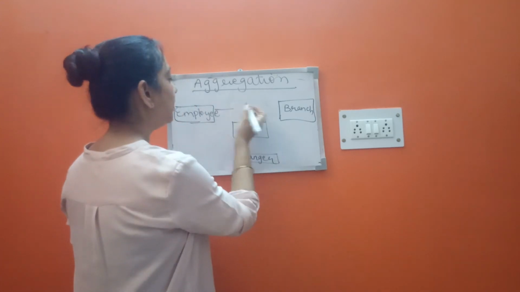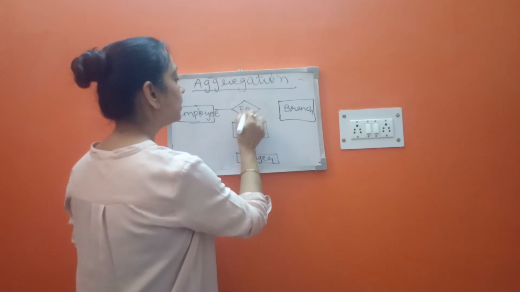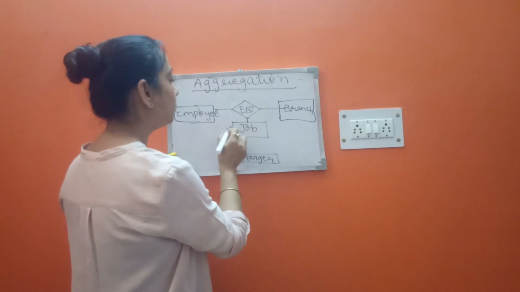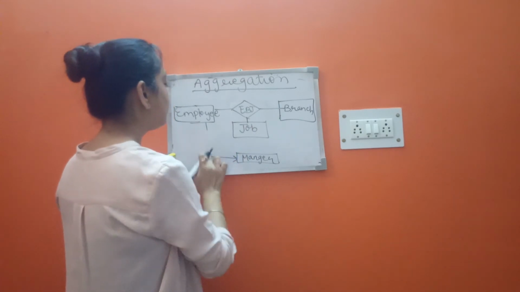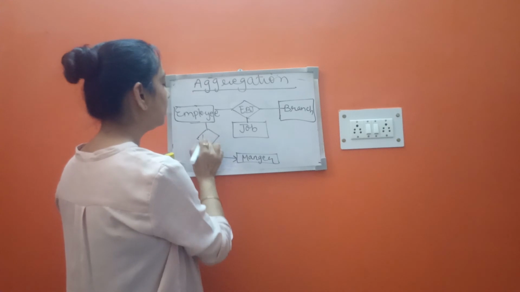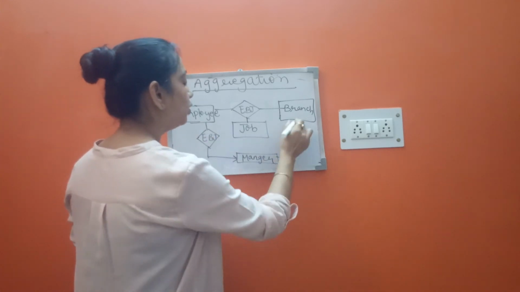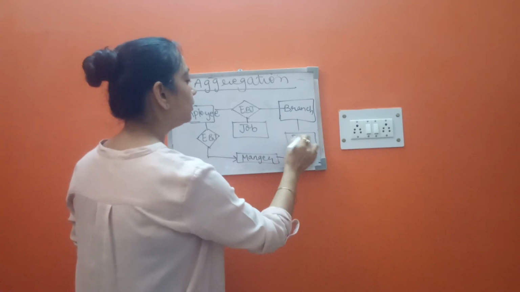Now employee works for a particular branch. Employee does a job for a particular branch. An employee is managed by a particular manager, and a particular branch is taken care of by a particular manager.